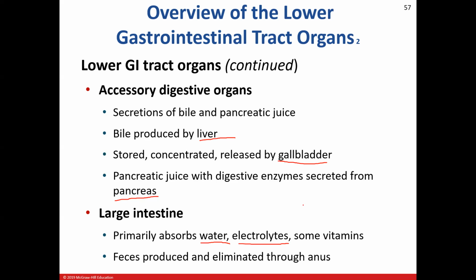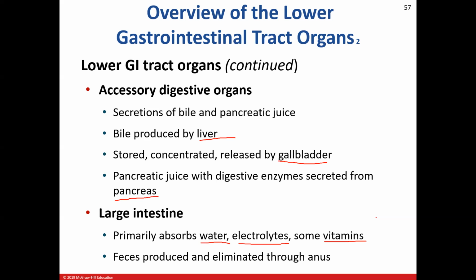Technically, the term electrolyte means anything that can conduct electricity. The electrolytes will be absorbed from the contents of the chyme in the large intestine, and also our vitamins. Primarily our water-soluble vitamins will be absorbed in the large intestine.